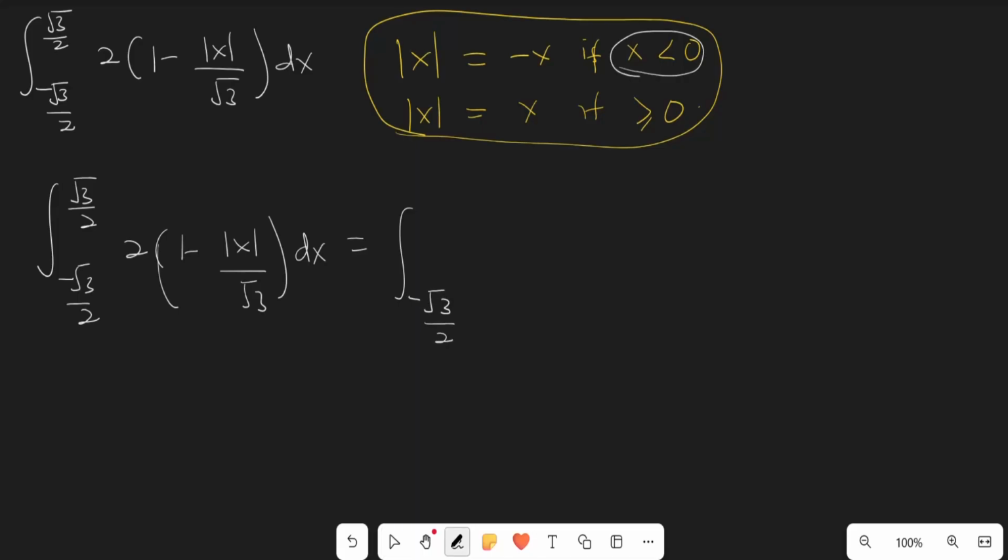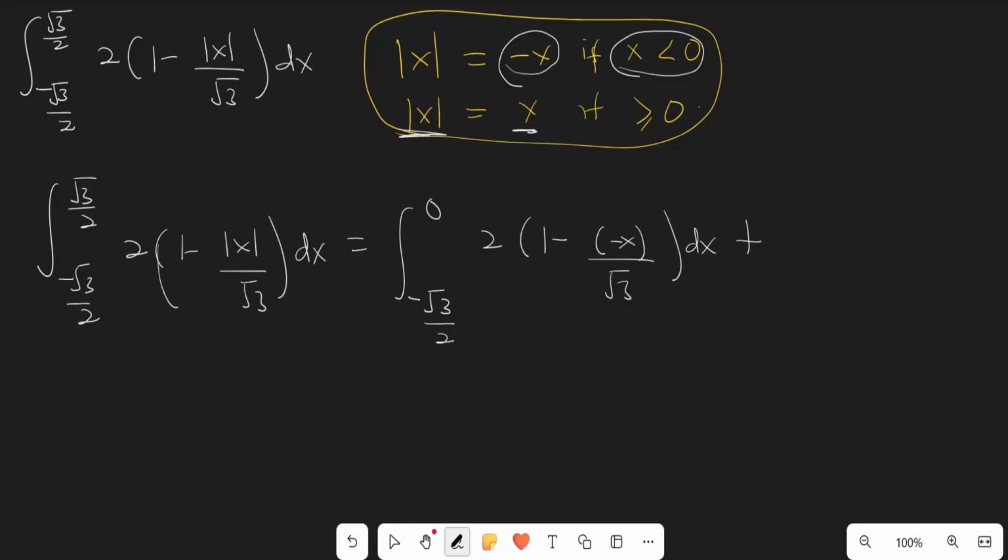From negative square root of 3 over 2 to 0 of 2 times 1 minus the absolute value of x, which here is going to be negative, so that's 1 minus negative x over square root of 3, dx, plus the positive part. The absolute value is equal to positive x if x is greater than 0.